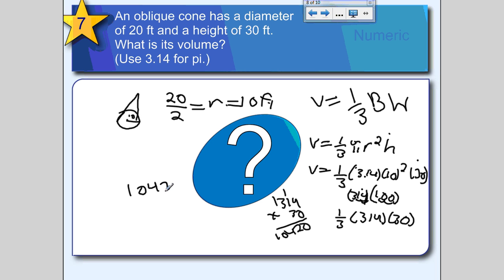Divided by 3, because we can't forget about our 1/3.